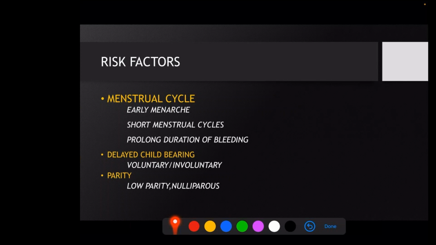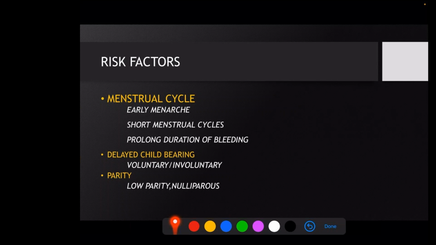Then delayed childbearing in the higher income group. There is late marriage and delayed childbearing, and therefore a higher number of menstrual cycles and greater exposure to menstruation. The higher income group or highly educated subjects postpone marriage and childbearing.